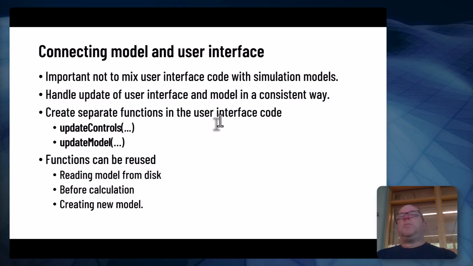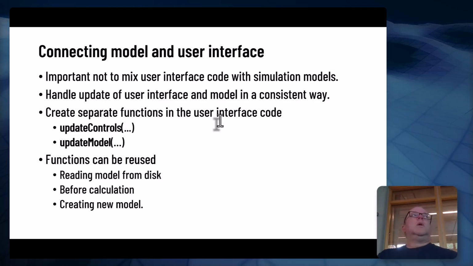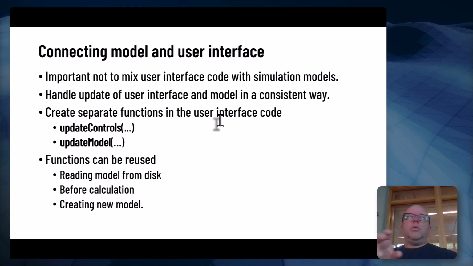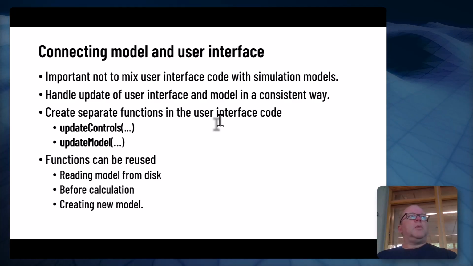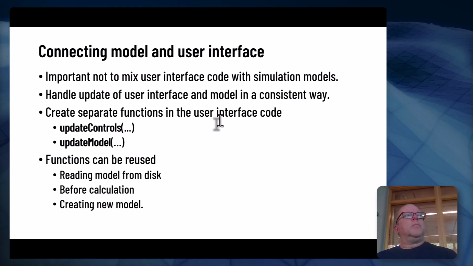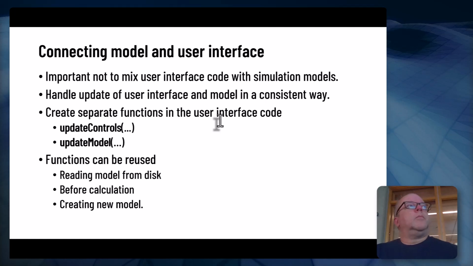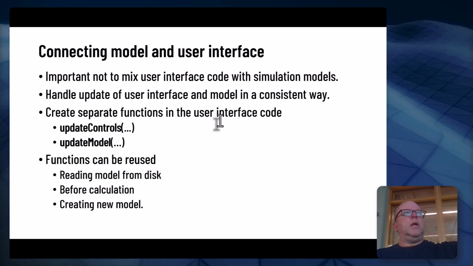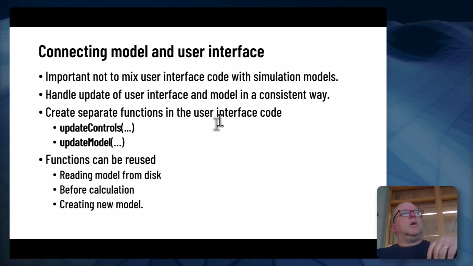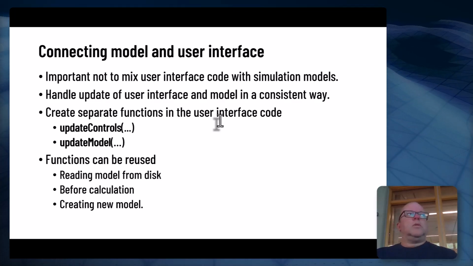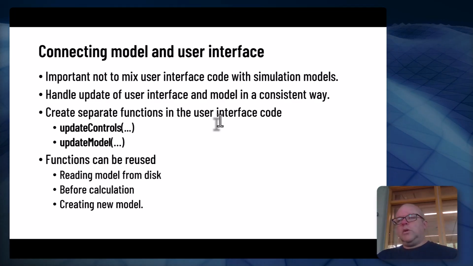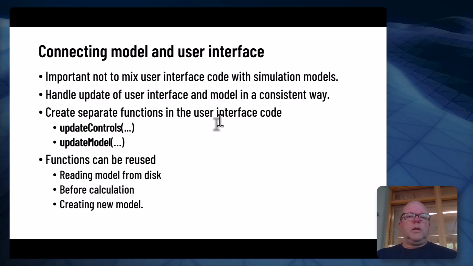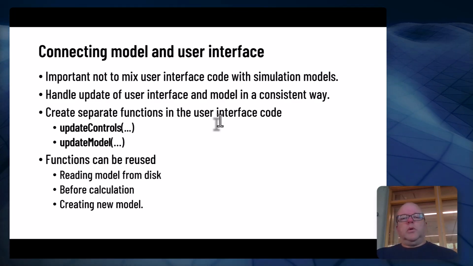Then I have an update model that goes the other way around: it takes the control values, converts them to floating points, checks the input, and updates the model. In the model, you also implement functions like reading a model from disk, creating a new model, or initializing a new model. So basically all the functionality of your application you implement in your model, and then connect that model to the user interface.